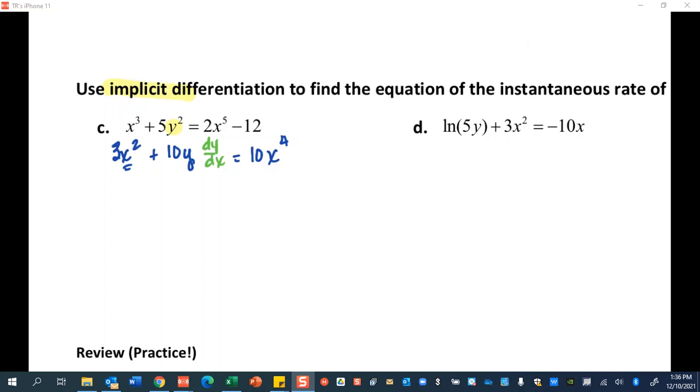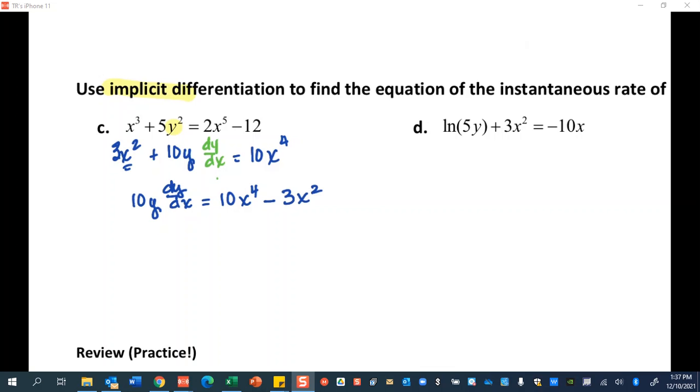So now my job is just to get this term by itself. So I'm going to unwrap it one layer at a time. My first step is to subtract 3x squared from each side. So 10 times y dy/dx is equal to 10x to the 4th minus 3x squared.